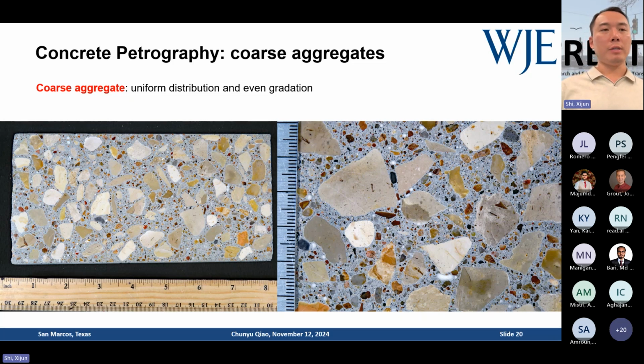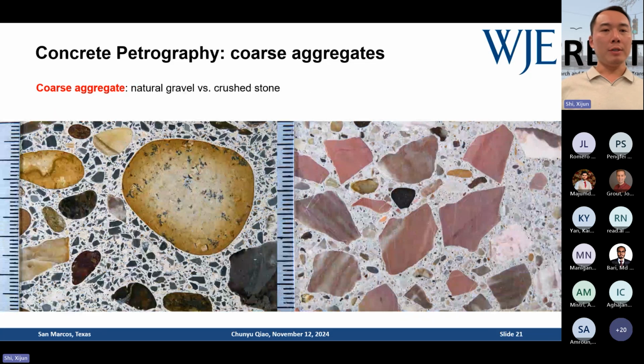That's the first aspect we look at, from your eyes or from a microscope. We also look at whether this is natural gravel or crushed rock. Of course, they look very different. Natural gravels, underwater in the river, go through weathering, so over thousands or millions of years you don't have a lot of sharp edges.